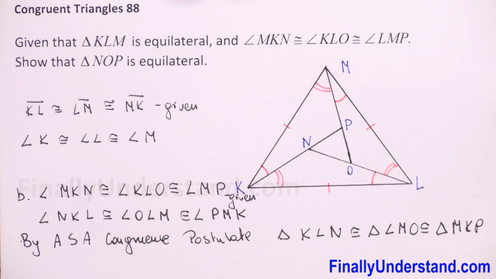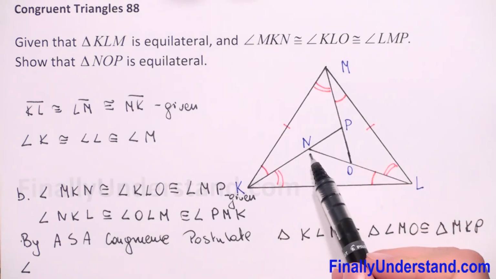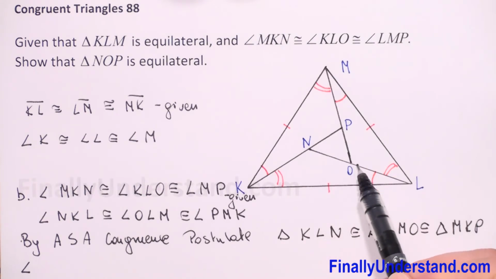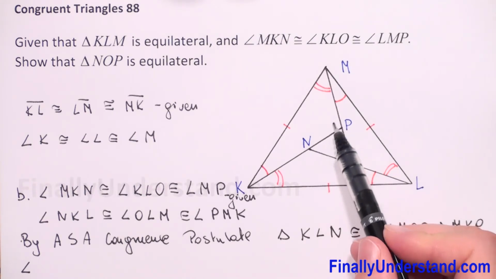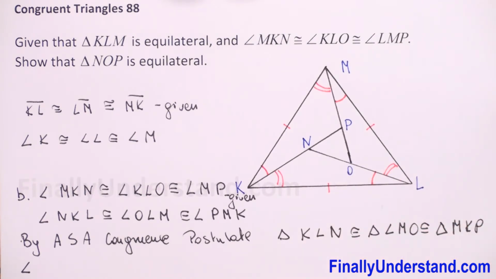So it means that, because this triangle is congruent to that and to that, the third angle is congruent too.